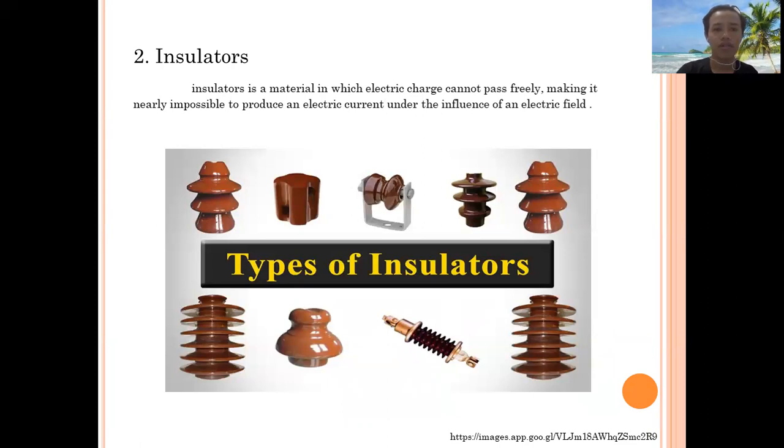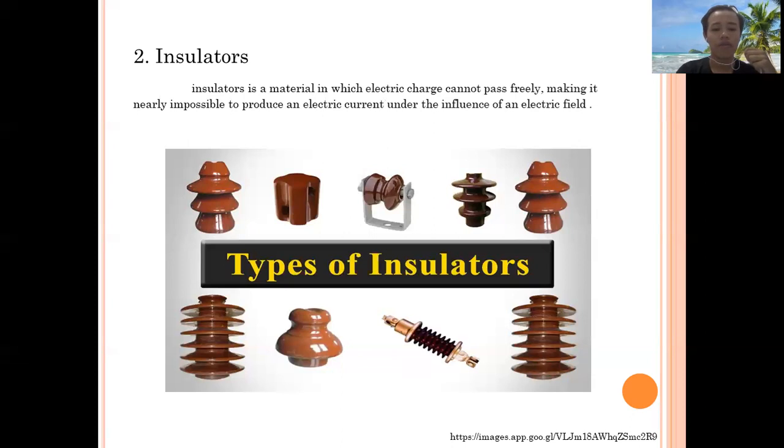Number two is insulators. An insulator is a material in which electrical charge cannot pass freely, making it nearly impossible to produce an electrical current under the influence of an electrical field. Examples of insulators below are different in shape and adapt to their use.